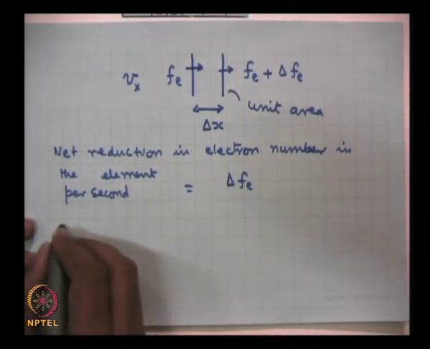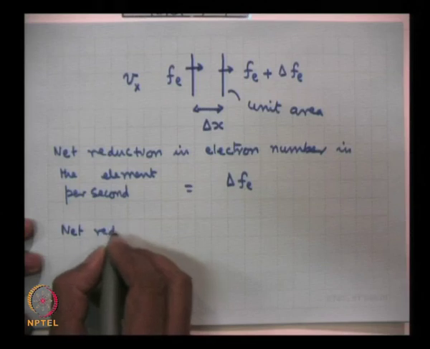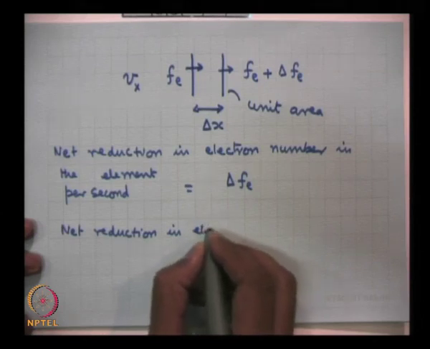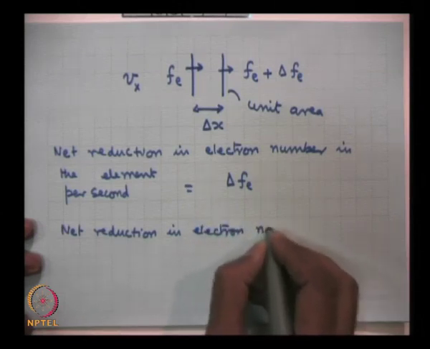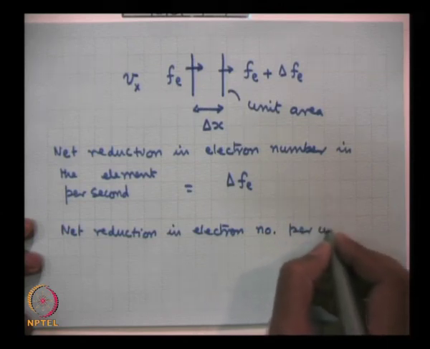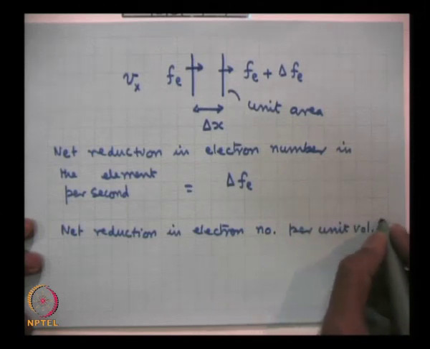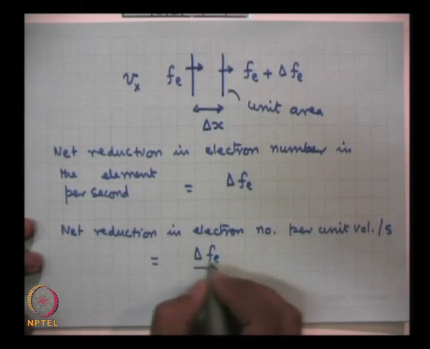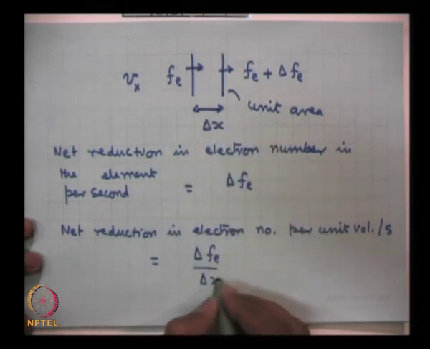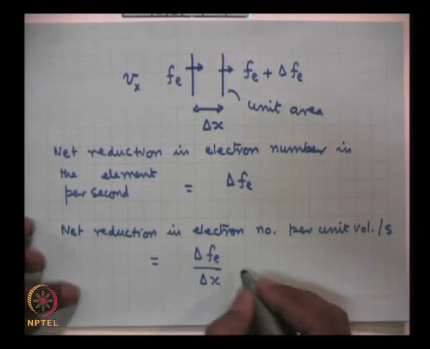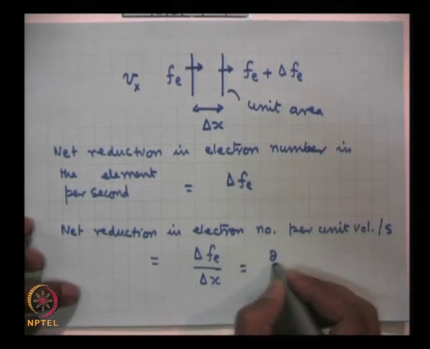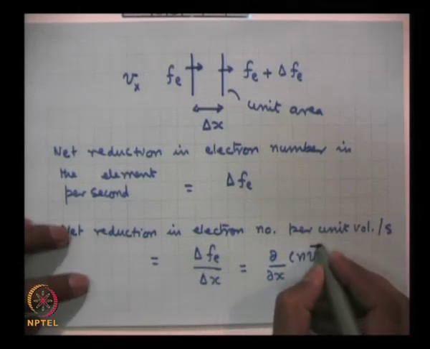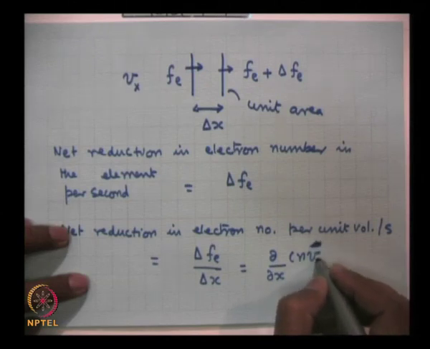So, net reduction in electron density, or electron number per unit volume per second, would be delta Fe upon volume, which is delta x. I can write this quantity as delta x of Fe, but Fe is a product of Nv, and V, as I am taking in the x direction, will be Nvx.